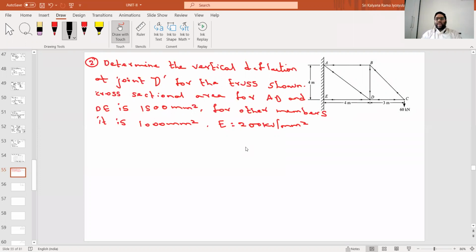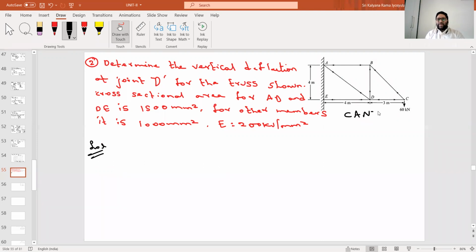Because we need to calculate the deflection at joint D vertically, we apply a unit vertical load at joint D. The first step would always be to calculate the forces in all the members. If you see this truss, this is a cantilever truss.